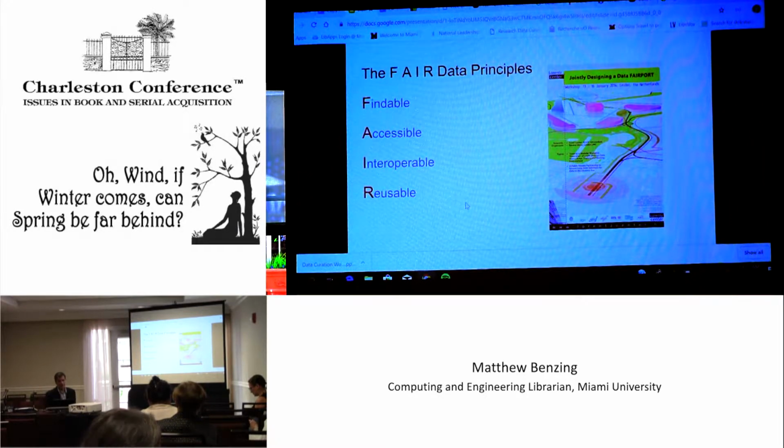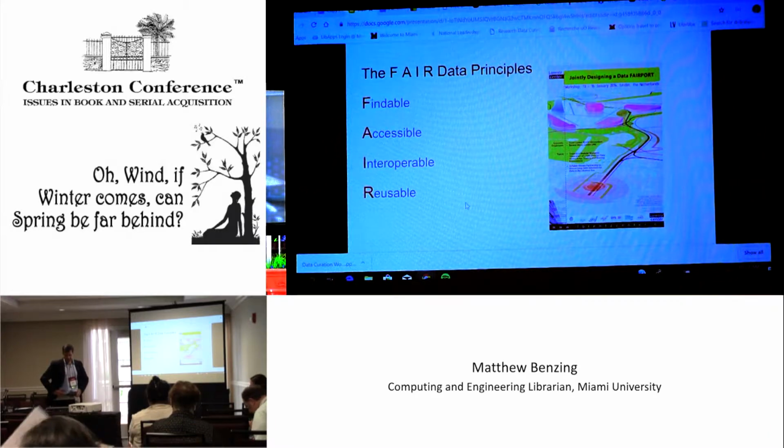Do they have an identifier? Do they have metadata? Does it seem that most of the important metadata fields are there? Does it seem that it's documented properly? Is there a licensing statement somewhere? Is the data described in a way that makes it useful?